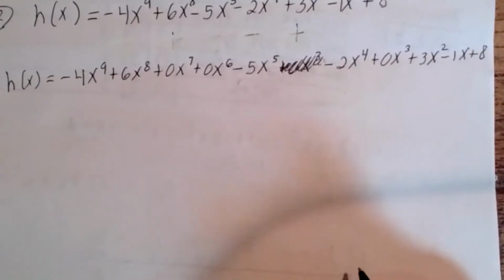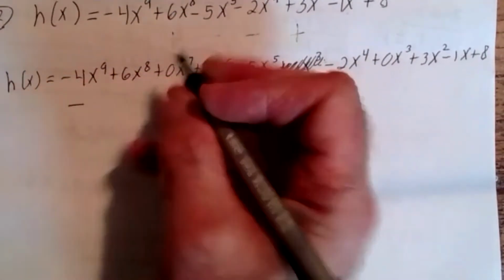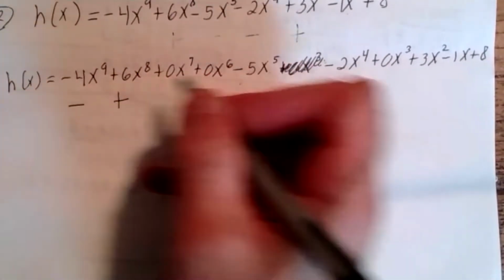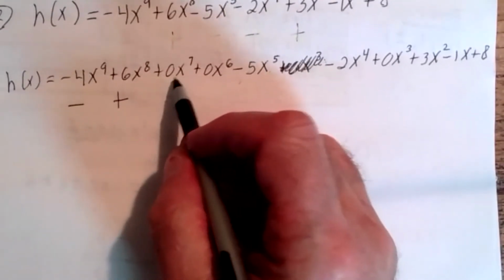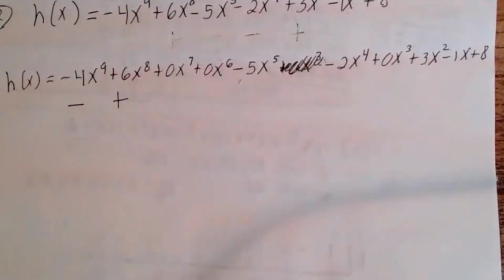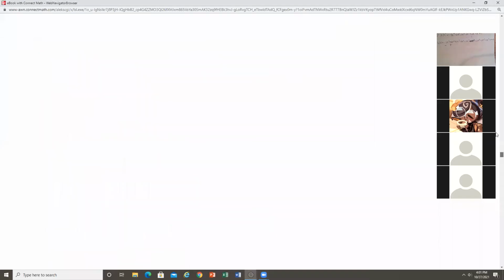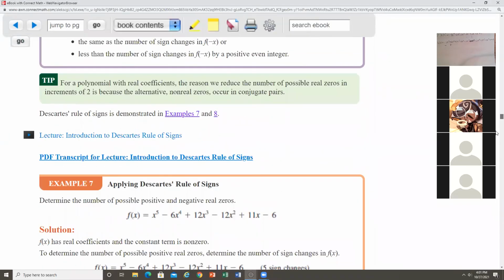All right, so ladies and gentlemen, sign changes. We go from a negative term to a positive term. Oh, but wait a minute, ladies and gentlemen, what do we got here for these zeros here? How do we count those, or what do we do with those? We better go back and take a snapshot of that Descartes' rule of signs. Where is that theorem? Right here?